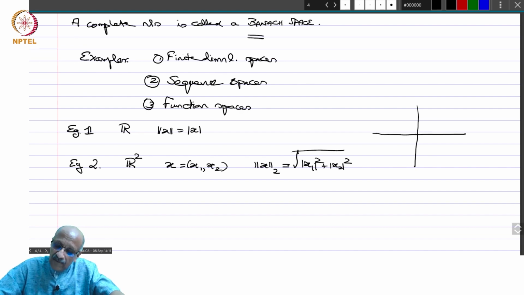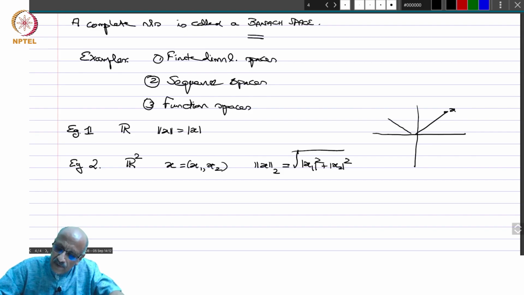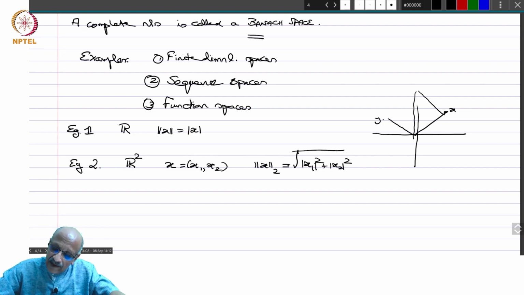So if you have x here, this length is mod x. If y is any other vector, then complete the parallelogram, and this diagonal here will be x plus y. Now it's an old theorem from high school that two sides of a triangle are in length greater than the third side.